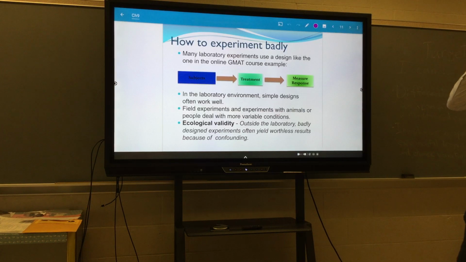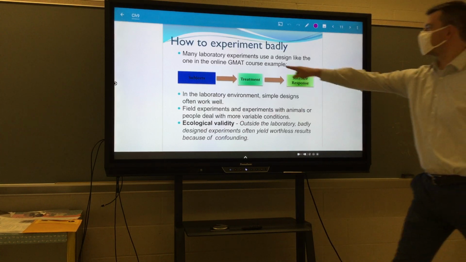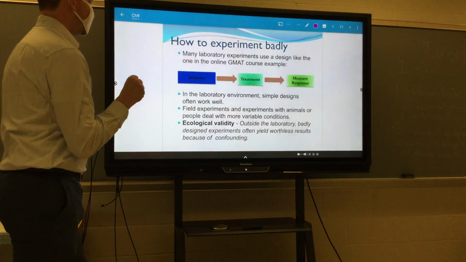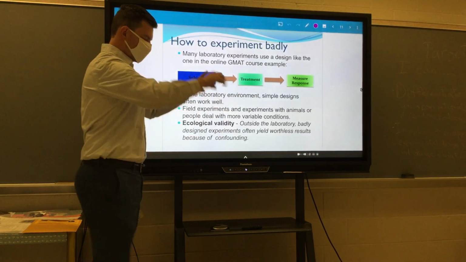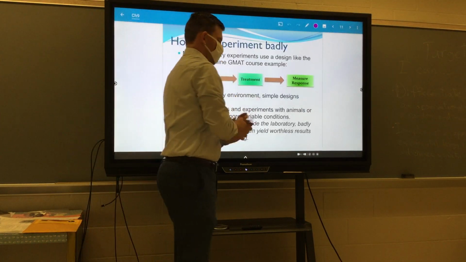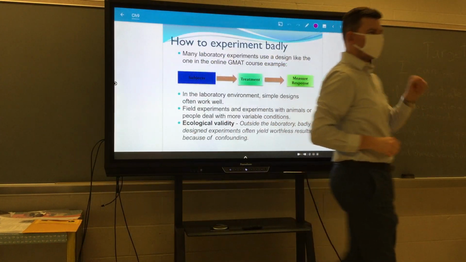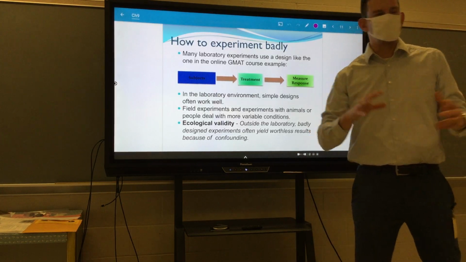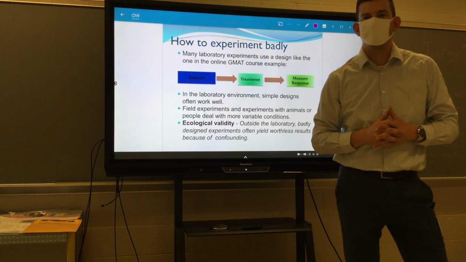So we also see some cases where many times laboratory experiments use a design like this. Okay? Where you have the subjects, you're subjecting them to the treatment, and then you're measuring the response. But the real world isn't a laboratory.